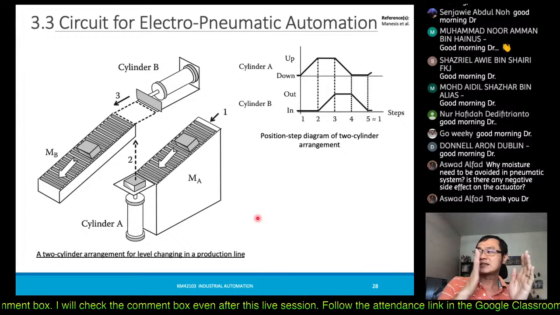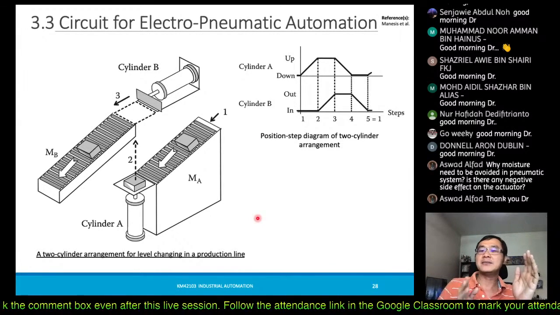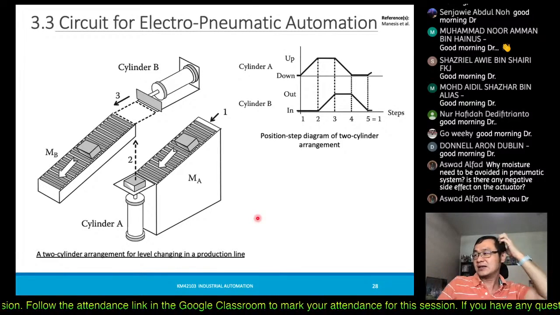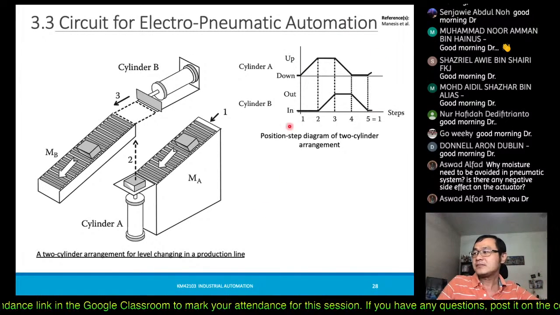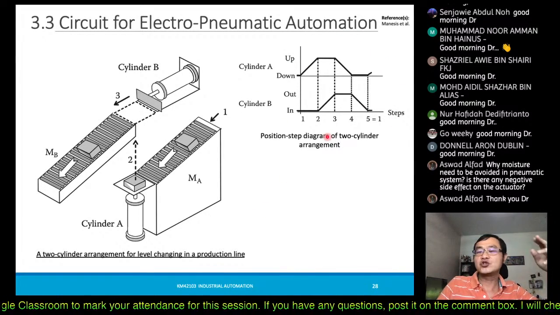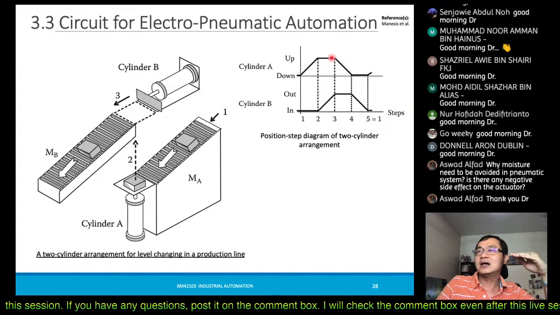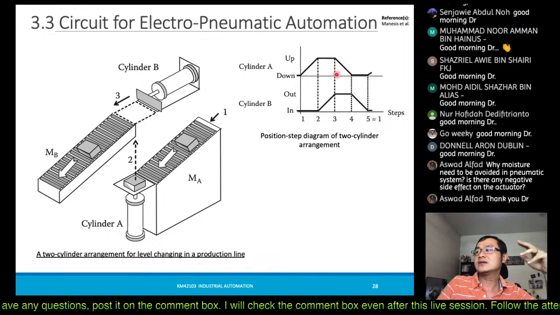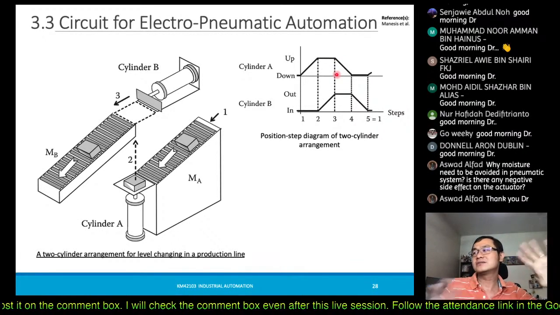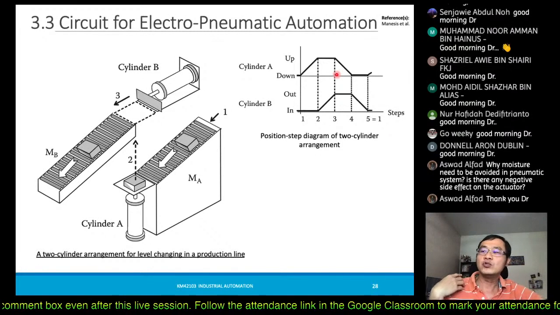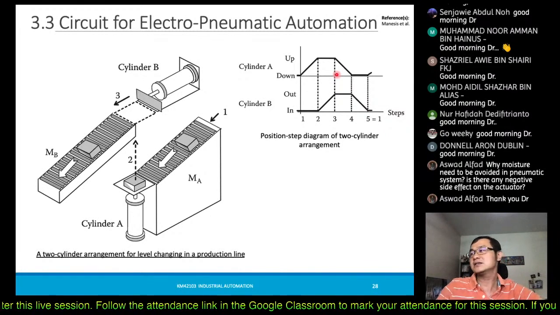At a certain state, step, or time, you may want each to be in a particular state. This diagram helps you visualize whether it should be at position 1 or position 2. So this would be very useful for visualizing the whole operation when we involve multiple cylinders.